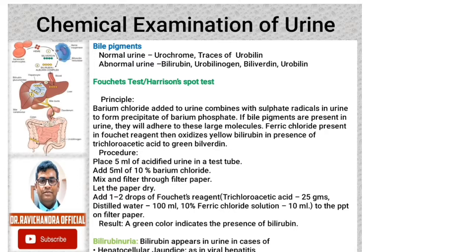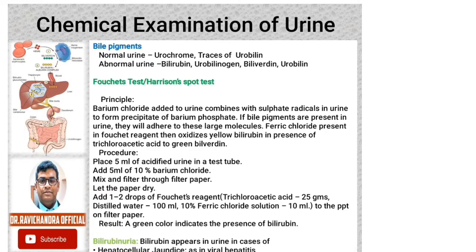The principle is that barium chloride, when added to the urine, combines with sulfate radicals in the urine to form a precipitate of barium sulfate. If bile pigments are present in the urine, they will adhere to these large molecules, and the ferric chloride present in the Fouchet reagent will oxidize yellowish brown bilirubin in the presence of trichloroacetic acid to give a green colored biliverdin.